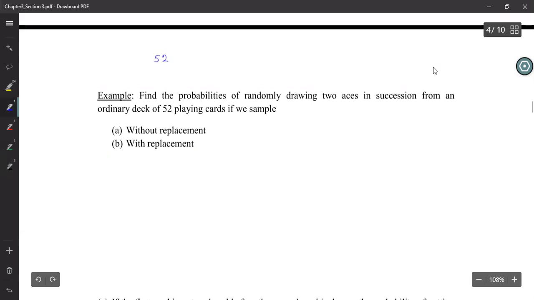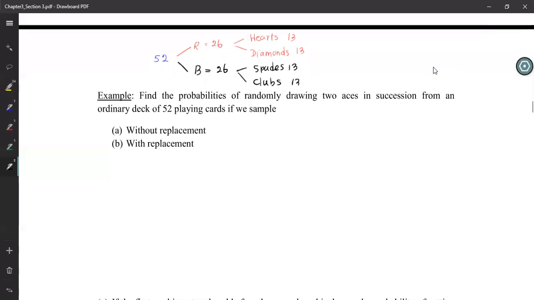You have 26 reds and 26 blacks. There are 4 suits. The reds are the hearts, 13 hearts, and 13 diamonds, and then you have the spades, 13, and clubs, 13. So these are the 4 suits, 2 colors.